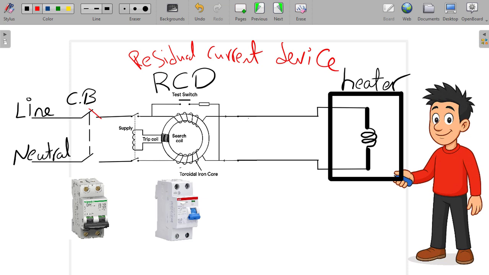So if we are now closing our circuit breaker and we are closing this breaker of this RCD, the current in the normal condition is equal to 15 ampere, which is the current of the heater. So the 15 ampere will pass through this coil and go to the heater and will return back here as 15 ampere also, and will move into this toroidal iron core and will go back to the neutral.